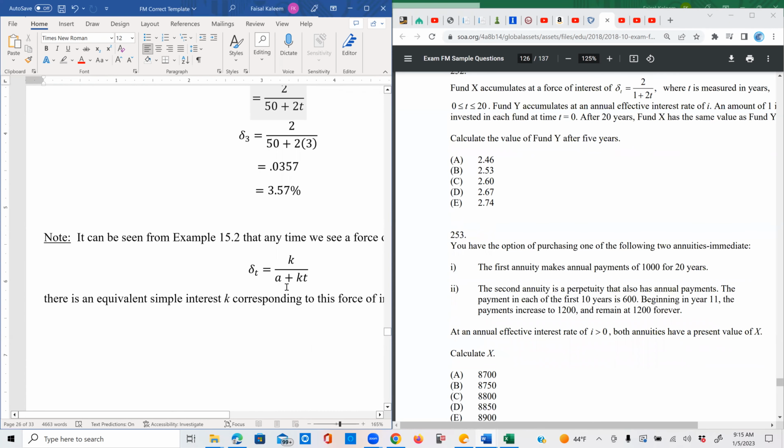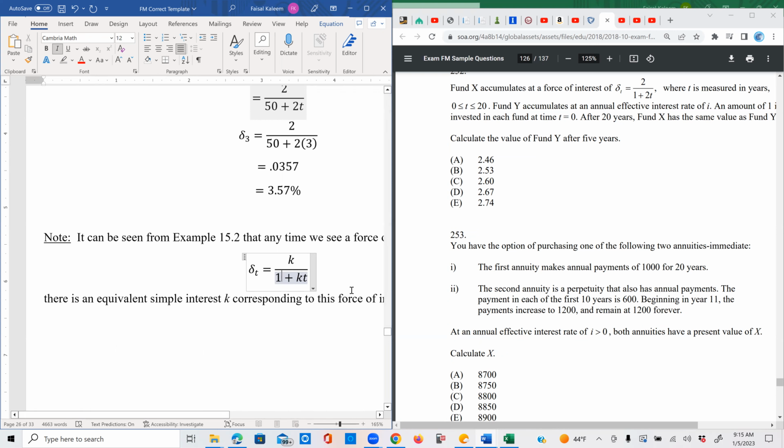This needs to be not k over a plus kt. If it's 1 plus kt, then we have k as a simple interest. So even if we have an a here, what that means is we still have a simple interest going on, but the interest would then not be k. So in order to find the interest, you have to change this coefficient into a 1.